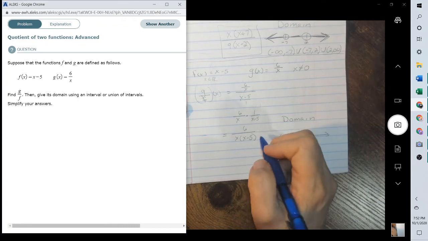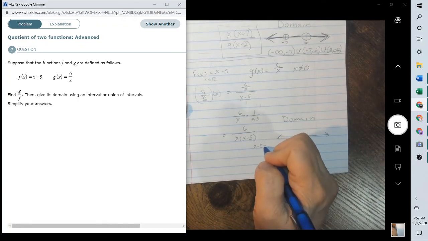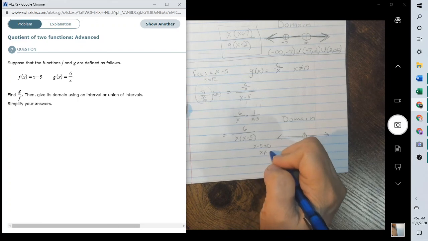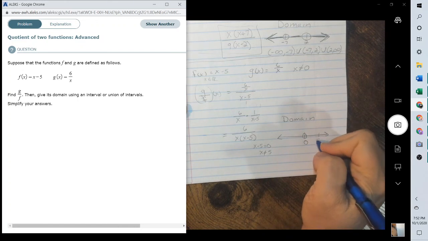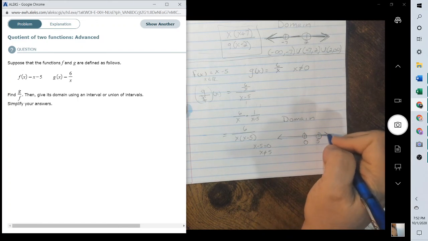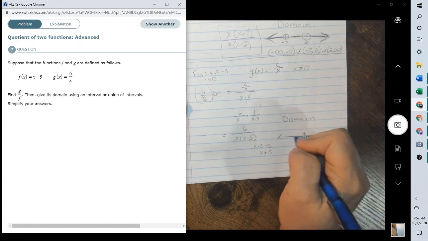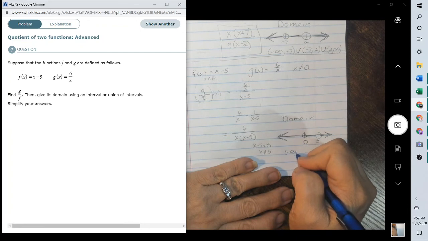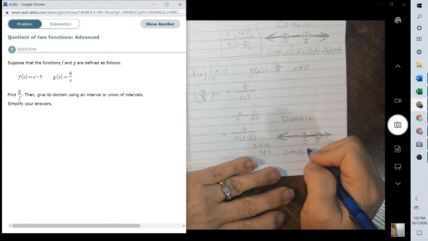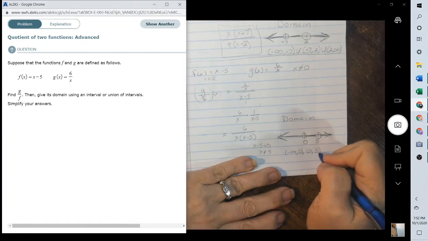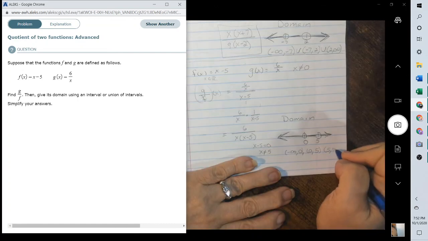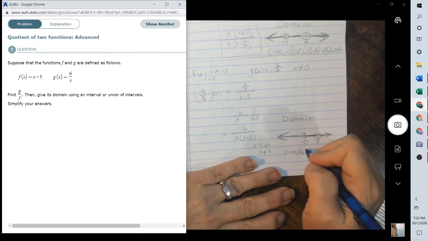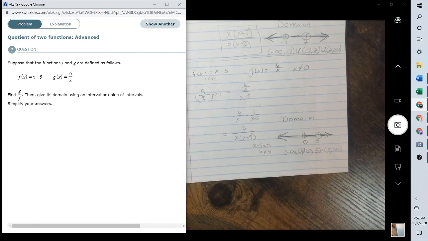And setting this one equal to 0, it can also not equal 5. So we have negative infinity to 0, 0 to 5, and 5 to infinity, and you should use a union to combine them. And that's all there is to those.